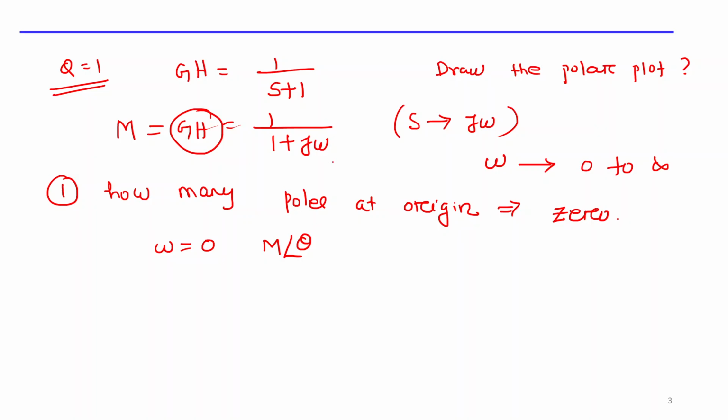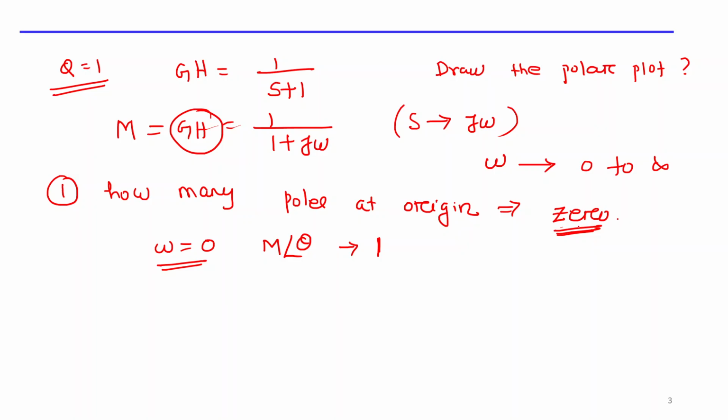Putting omega equal to 0, the magnitude is clearly 1. And what is the phase of the system? Omega equal to 0 means you have to see how many poles at the origin are present. How many poles at the origin? So 0.